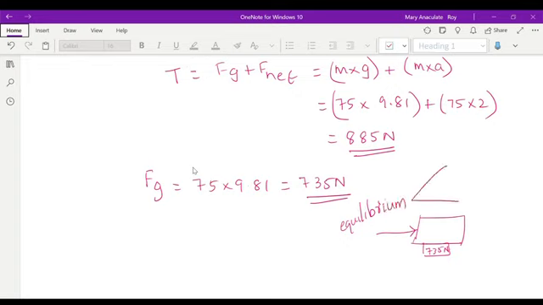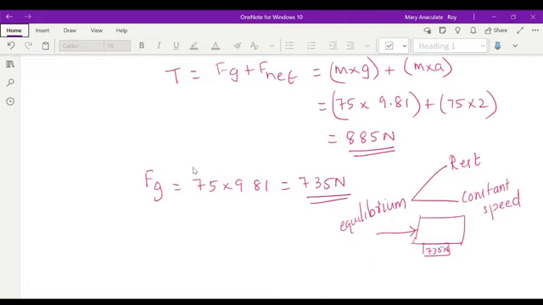As we have been discussing earlier, either the person is at rest or the person or the lift is moving at constant speed. So the scale will read his actual weight when the person or the lift is at rest or moving at constant speed. When it is accelerating up or down, it is going to read either greater than or less than this value.